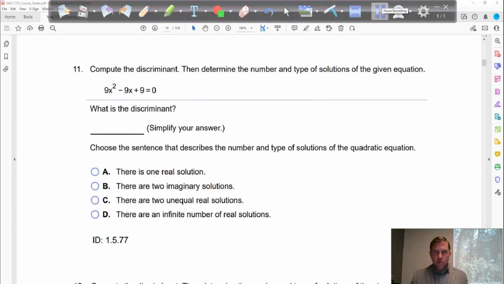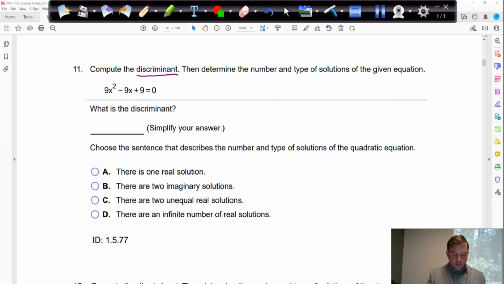Okay, for problem 11, we're going to compute what's called the discriminant. The discriminant, which we're going to label capital D, is just the square root portion of the quadratic formula. So it's that b squared minus 4ac portion of the quadratic formula. Now, in the quadratic formula, it turns out to be the square root of that.